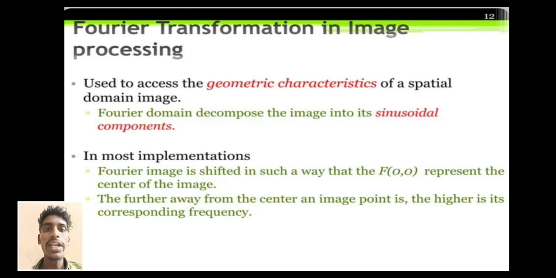The further away from the center an image point is, the higher is its corresponding frequency.